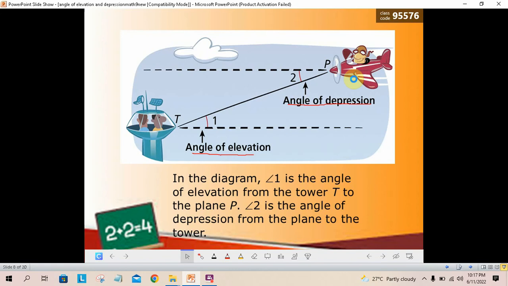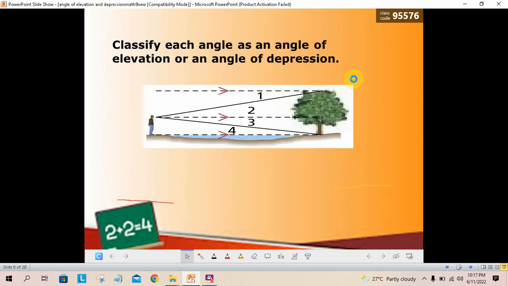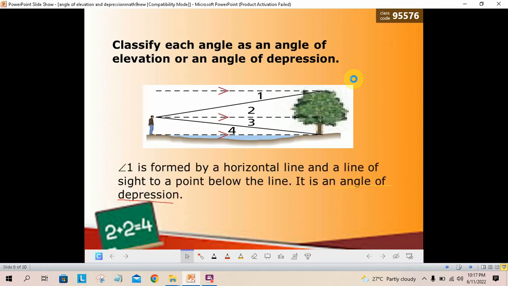So in the diagram, we have angle 1 as the angle of elevation from the tower T to plane P. Angle 2 is the angle of depression from the plane to the tower. So we have here classifying angles, whether it is elevation or depression. Angle 1 is formed by a horizontal line and a line of sight to a point below the line.